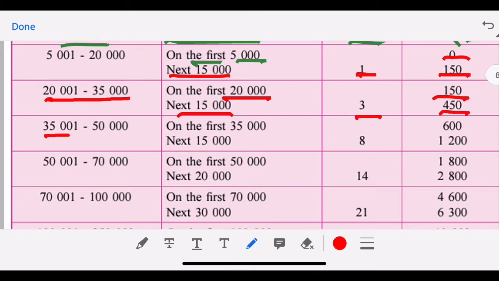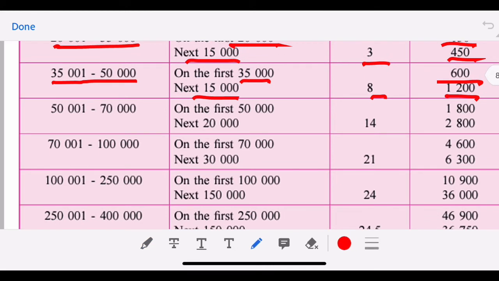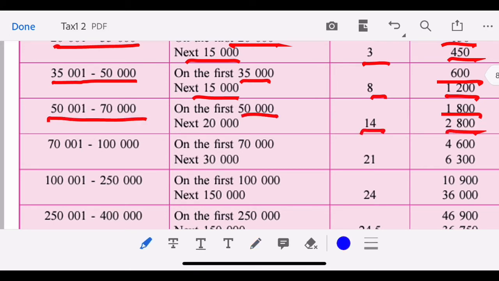And 35,000 onwards to 50,000, for the first 35,000 is 600. Next 15,000 will be 8%, so 1,200. And for the income between 50,000 to 70,000, on the first 50,000 is 1,800, followed by 14% for the next 20,000.